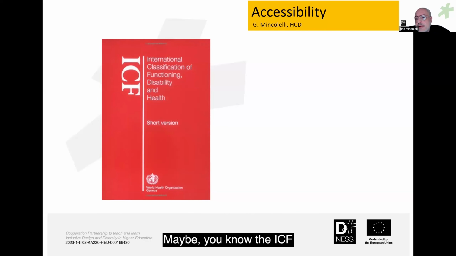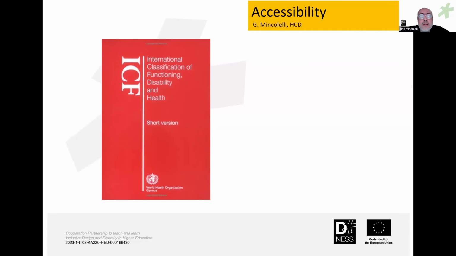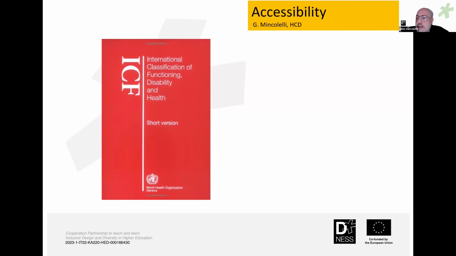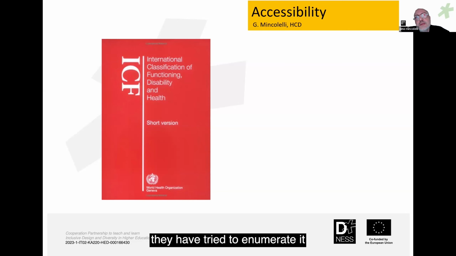Maybe you know the ICF. The ICF is a publication from the WHO, and it's a catalog of all the human activities that can possibly be conceived. They have tried to enumerate and classify them.